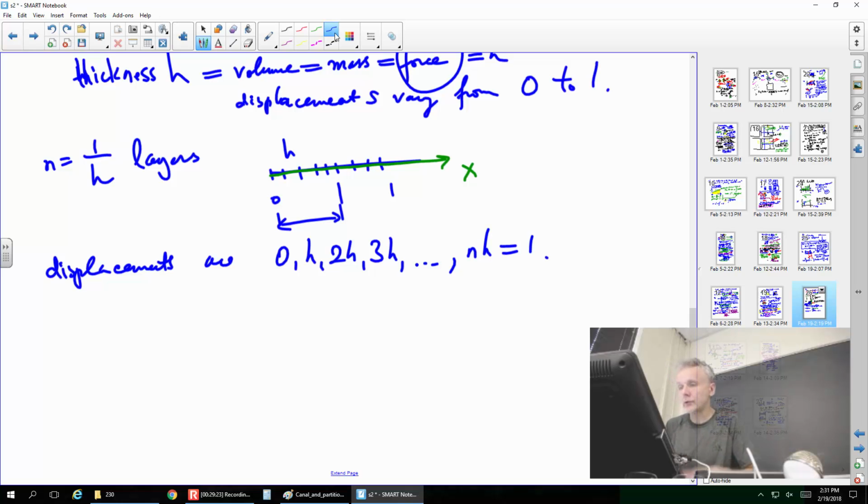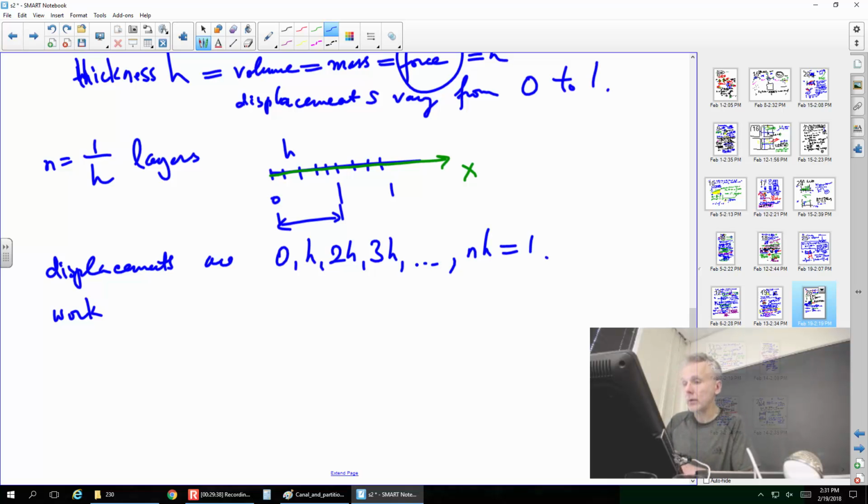Okay, so forces, I'm sorry, displacement. Force is the same, is equal to h. So next is work. Each layer requires different work because it takes a different trip.